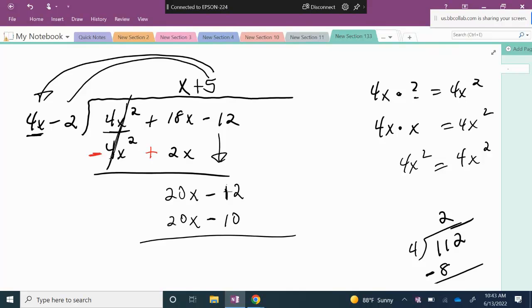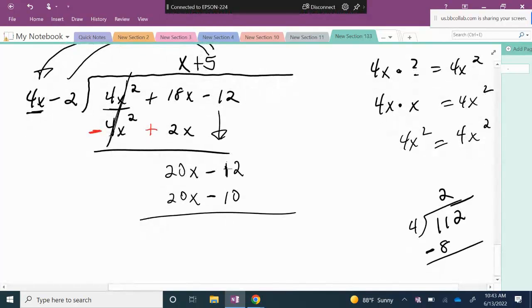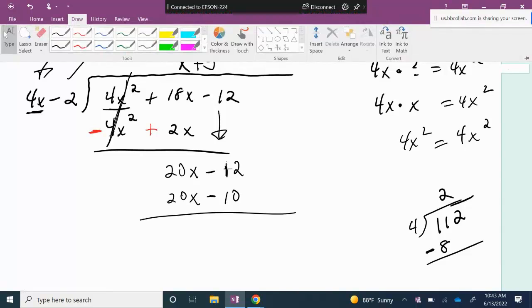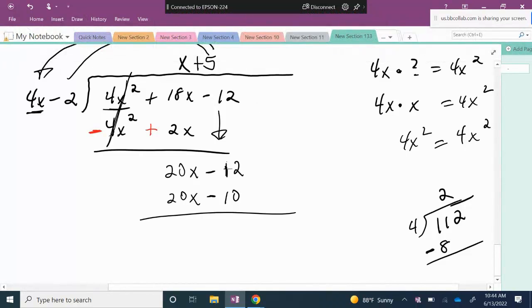And from this step, what must we be mindful to do? We have to change the sign. So 20x becomes negative 20x.